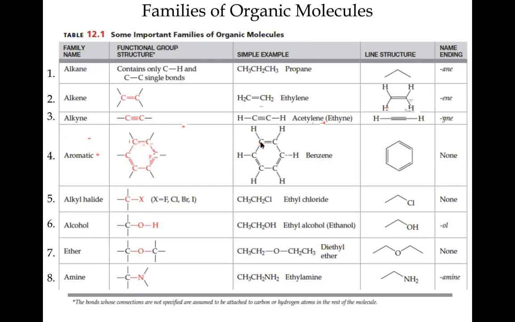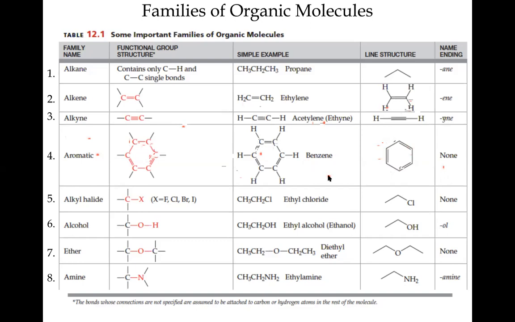It has this 6-carbon ring with alternating double bonds and just has hydrogens on all those carbons. That's as simple as it gets for an aromatic ring. And so this is drawing the line structure, and a lot of the compounds that you'll encounter in OChem are aromatic. So if you get nothing else out of OChem, you will get very good at drawing hexagons.